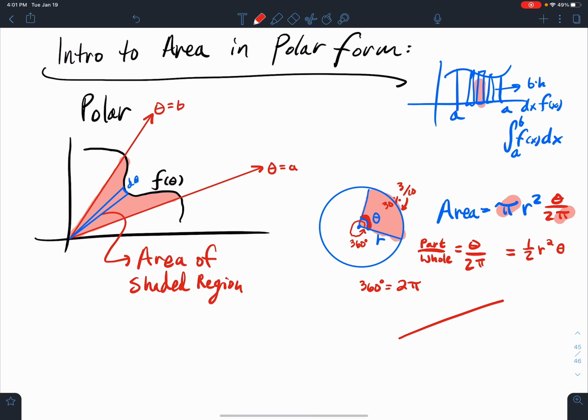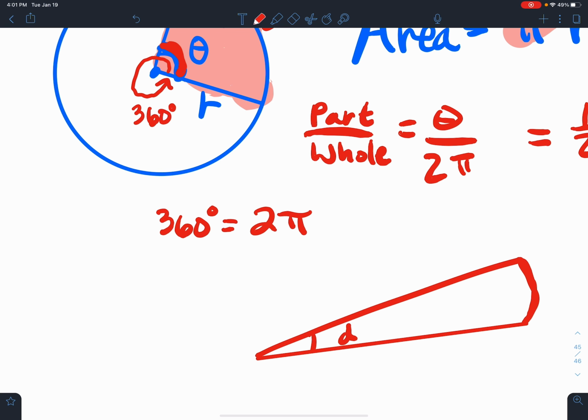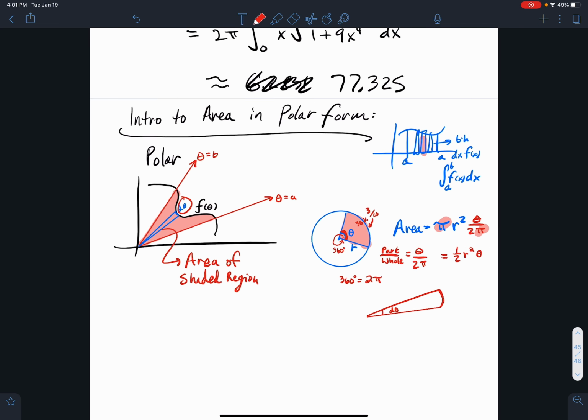so if I take a tiny little wedge out, okay, sorry, this is not a right angle. So it's a little wedge there. I take a little d theta slice, okay?